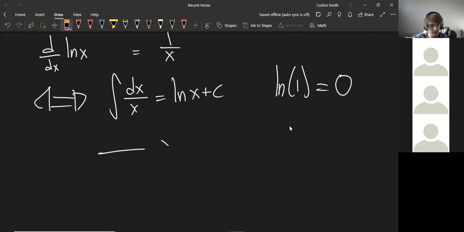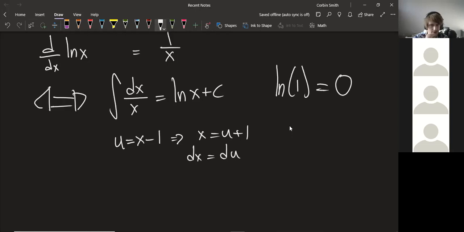Let's do a u substitution, actually. Let's say that u is equal to x minus 1, so that x is equal to u plus 1. dx is equal to du. So we get the integral du over 1 plus u.